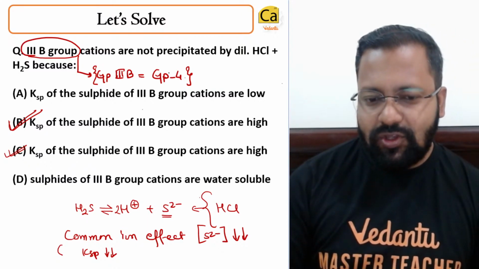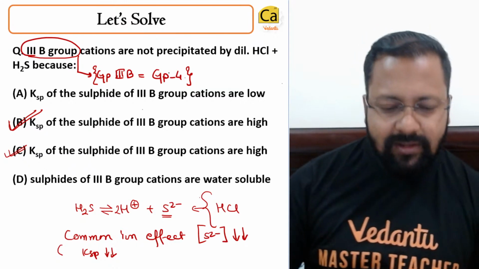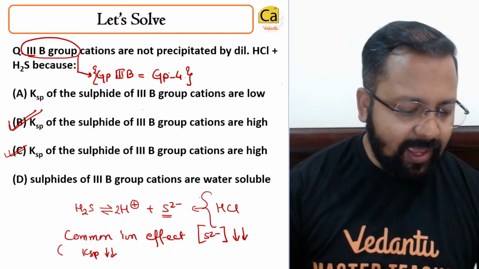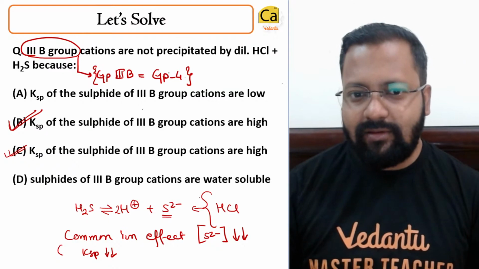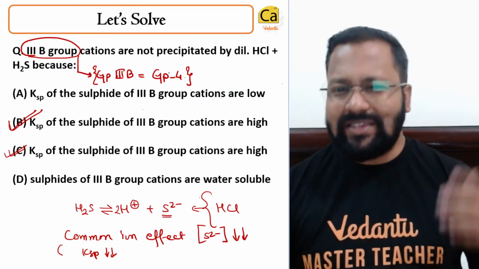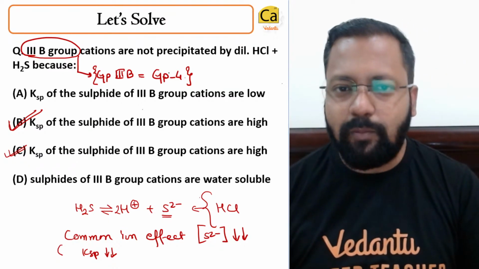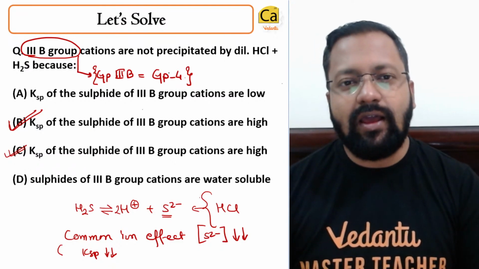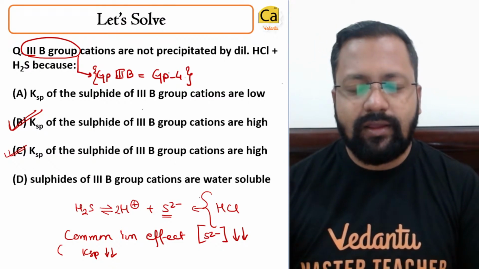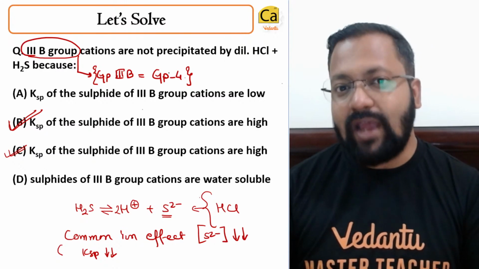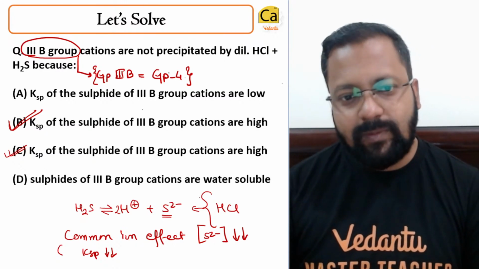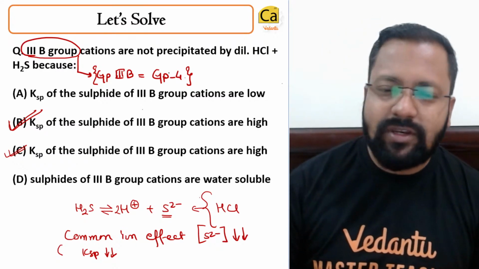Is that clear? So with that, we end today's session, and let's meet each other on Monday. My sessions these days will be held only on Mondays and Fridays. And the next topic that we would be starting with is metallurgy. Okay, metallurgy is a very interesting topic.